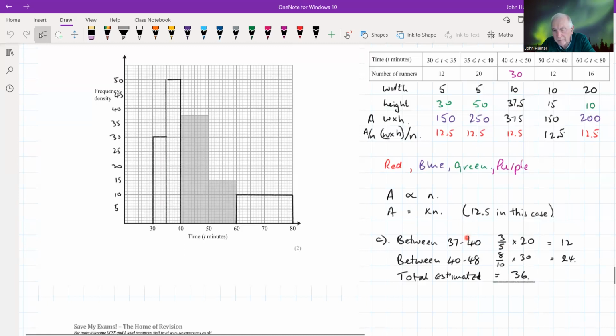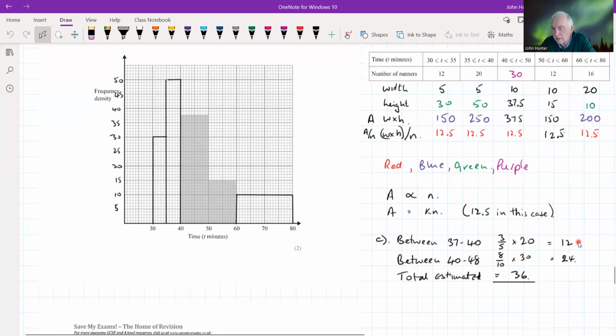So we're looking at what's in the last 3/5 of this class interval, and there are 20 in this class interval. That gives 12. The same thing for the next group, except we're looking at 48 minus 40, that's 8 out of a class width of 10. So we're looking at 8/10 of 30 in that, which is 24.